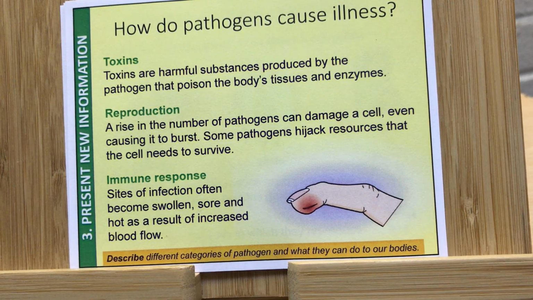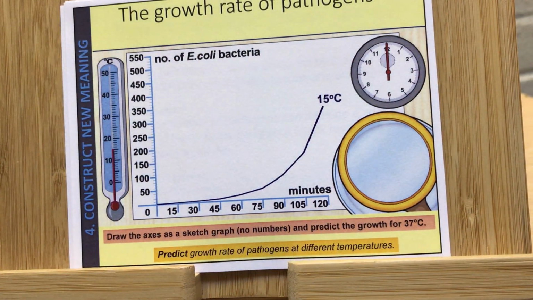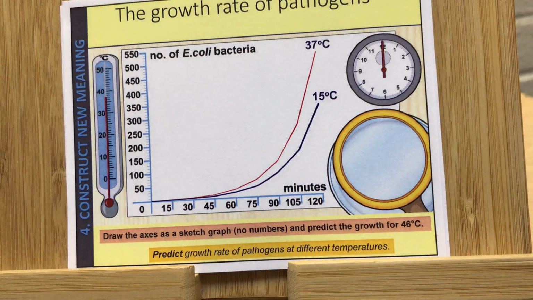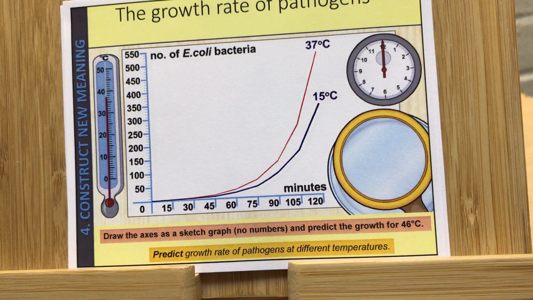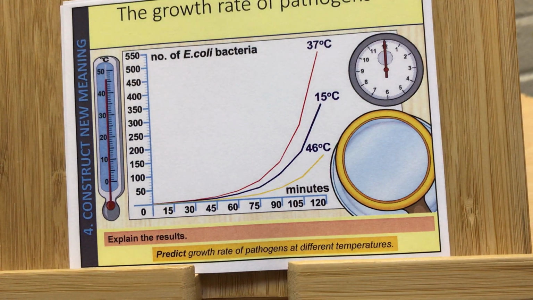Let's look at this graph of number of E. coli bacteria. This is at 15 degrees C. We can see that the number of bacteria is rising exponentially. If we change the temperature to human body temperature, 37 degrees C, we can see that growth of bacteria is even faster. And then if we take it to 46 degrees C, we can see actually the growth of bacteria has dropped.